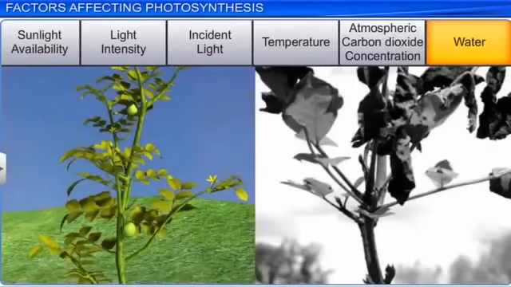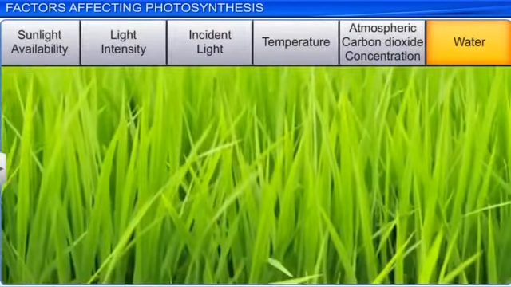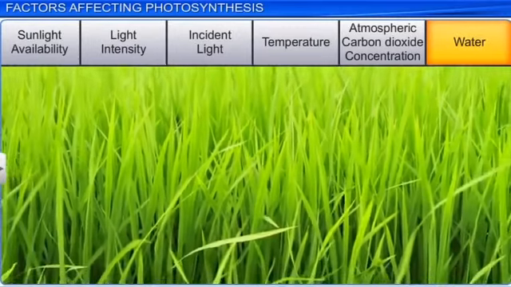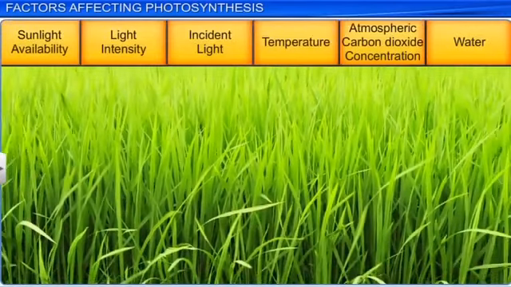Moreover, water stress causes the leaves to wilt, which reduces their surface area and affects photosynthesis. It is thus important that water and all the other factors are available at optimum levels, as this will ensure a healthy rate of photosynthesis, which in turn will increase plant yield.